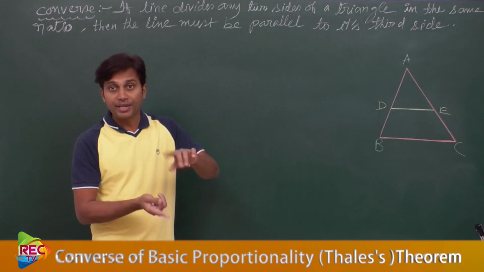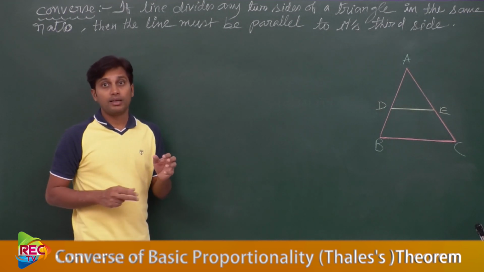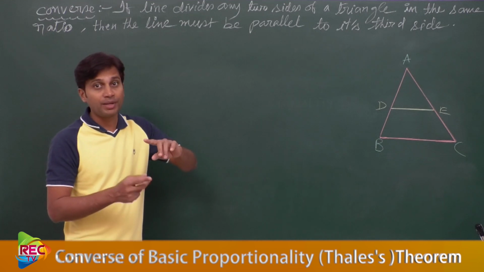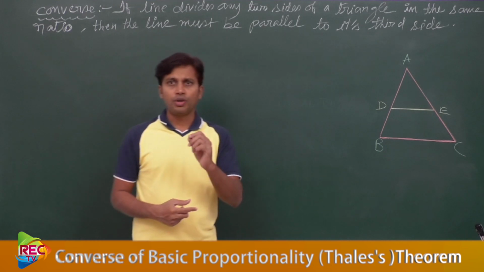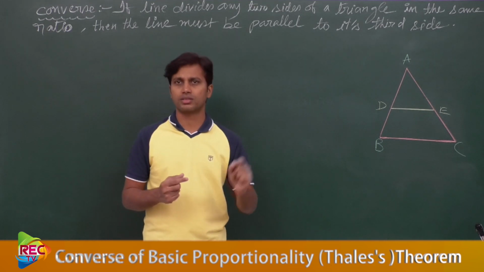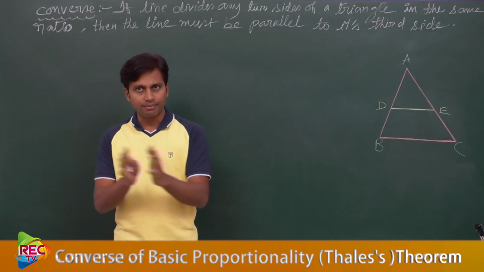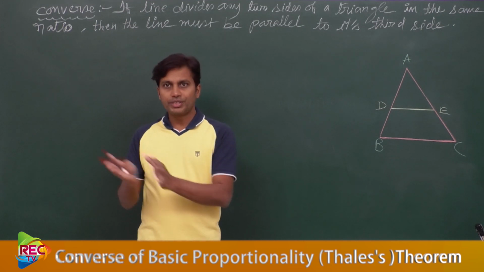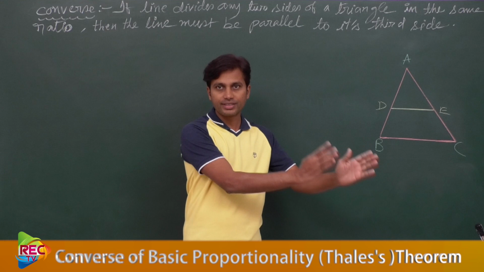Okay, in previous videos we proved the basic proportionality theorem. Now we are proving the converse part of that. Before starting this proof, I want to give you some clarification about what is converse. You prove a theorem: you take the given data, do some process, and get the result.